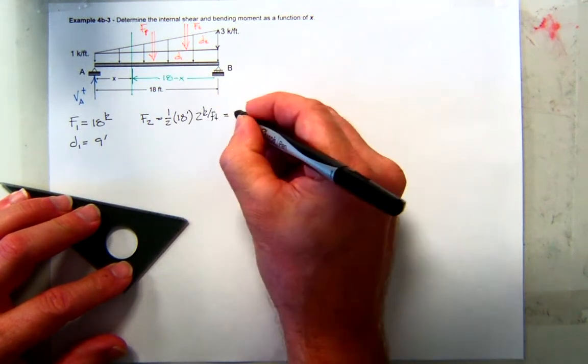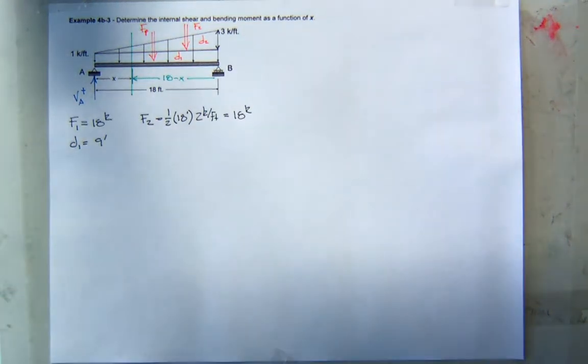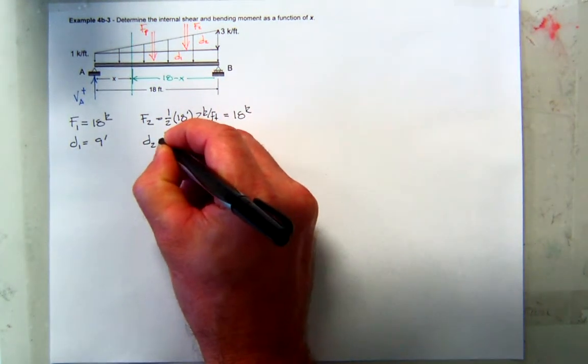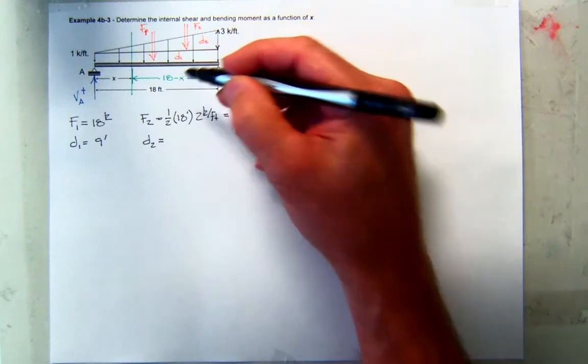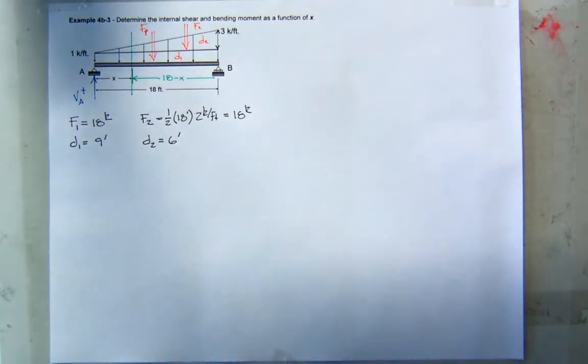And that's also going to be, oddly enough, 18 kips. And then the distance from B to the centroid, D2, is what? Well, that's the tall end, so it'll be 1/3 the distance, and 1/3 of 18 is 6 feet. Everybody see that? Any questions about that?